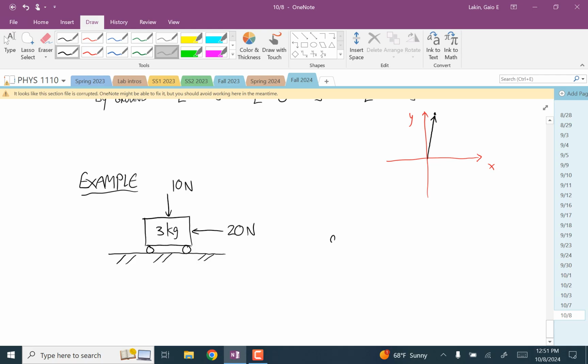And let's say we want to calculate the acceleration vector. And second, the force on the wheels.